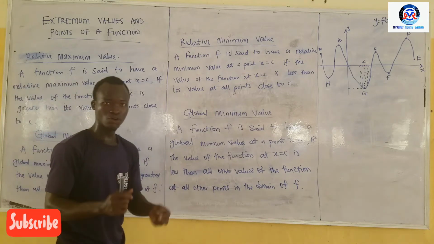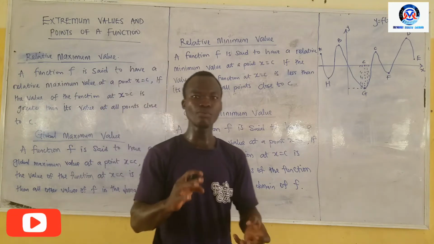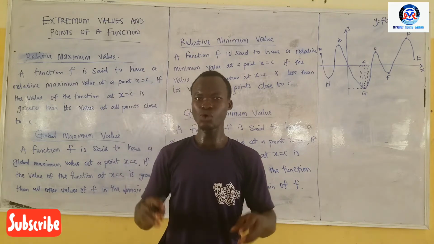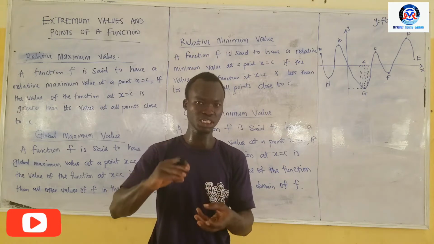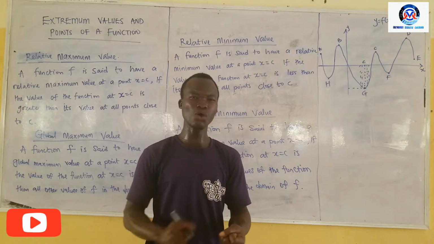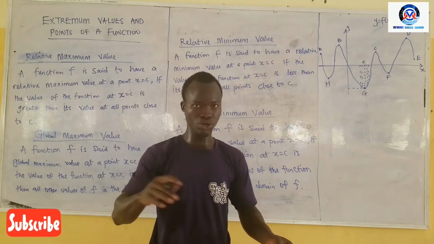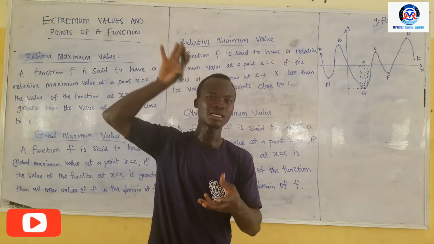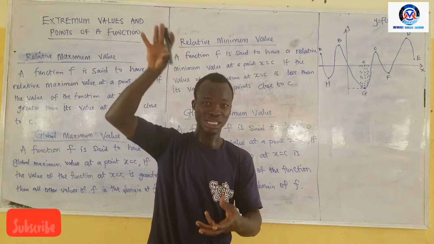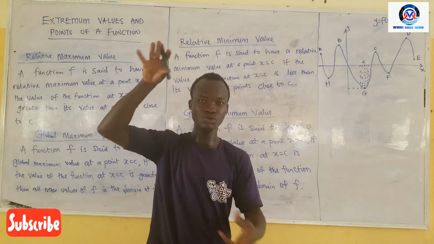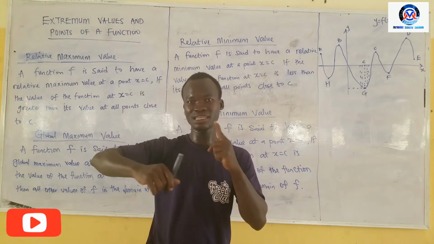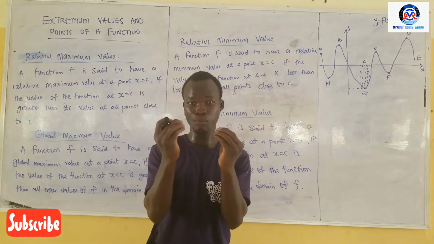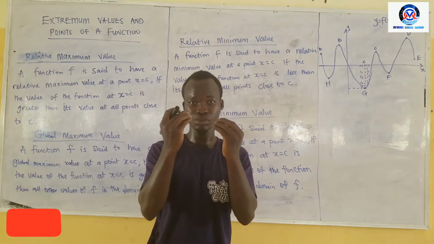That is, if the value of the function at the point x equals c is greater than the value of the function at every other point in the domain, then we say that the function has the global maximum value, that is the highest maximum value in the domain. But remember that in the relative maximum value, we didn't consider the entire domain. We only consider points closer to the point c.